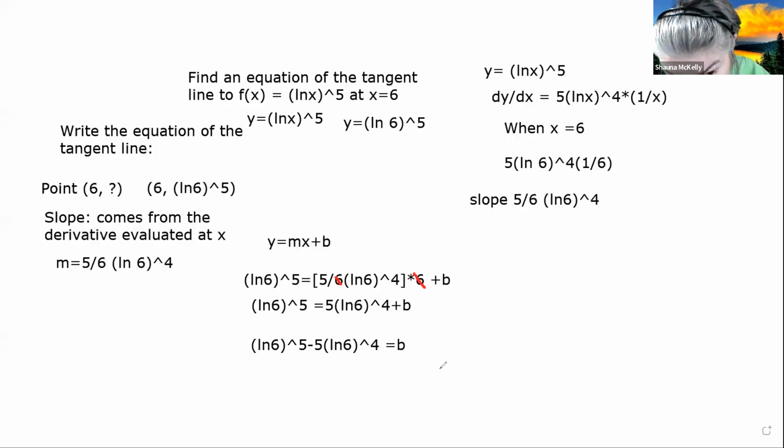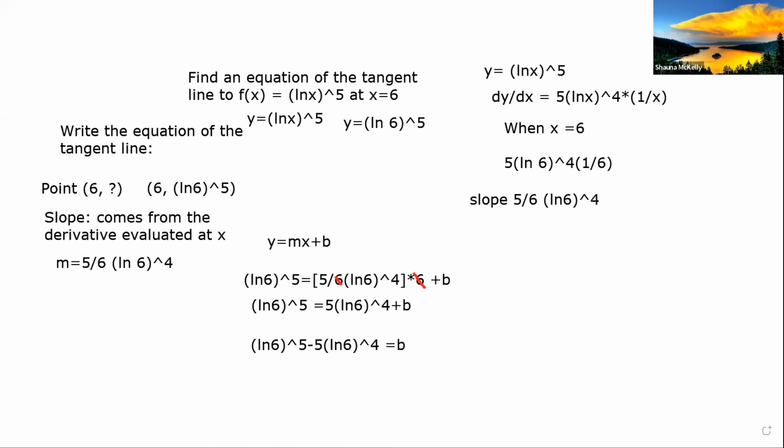The second expression, go ahead and write this whole thing down on your paper for B. B is parenthesis ln 6 to the 5th power minus 5 ln 6 close to the 4th power. Okay, so that's going to look like this.